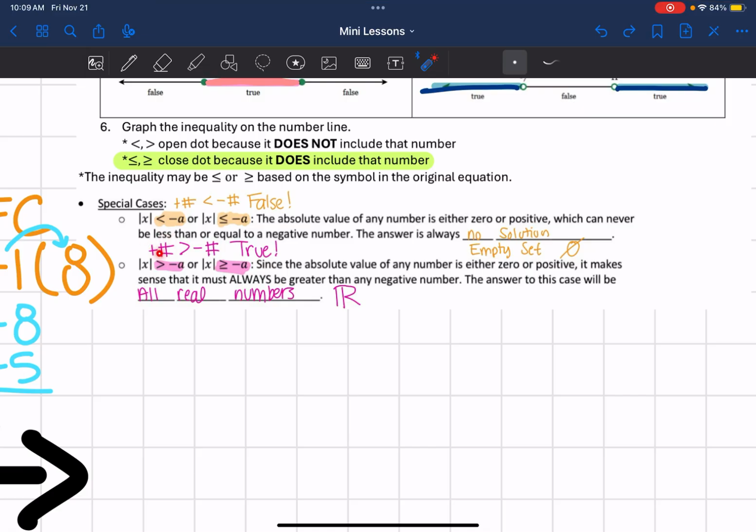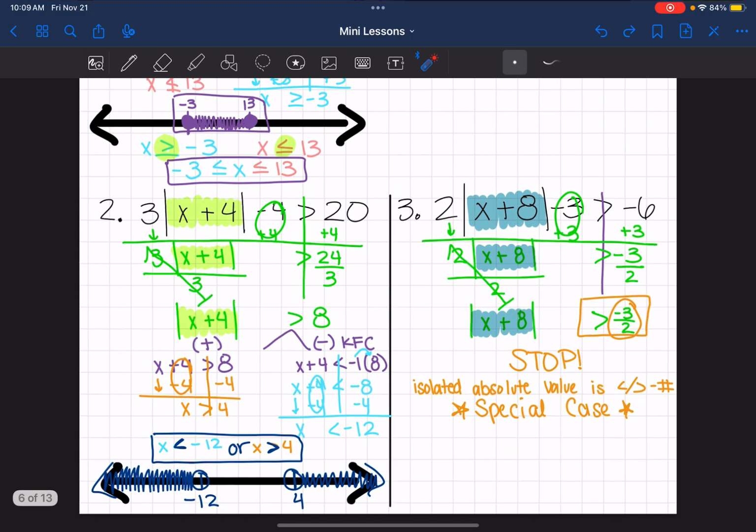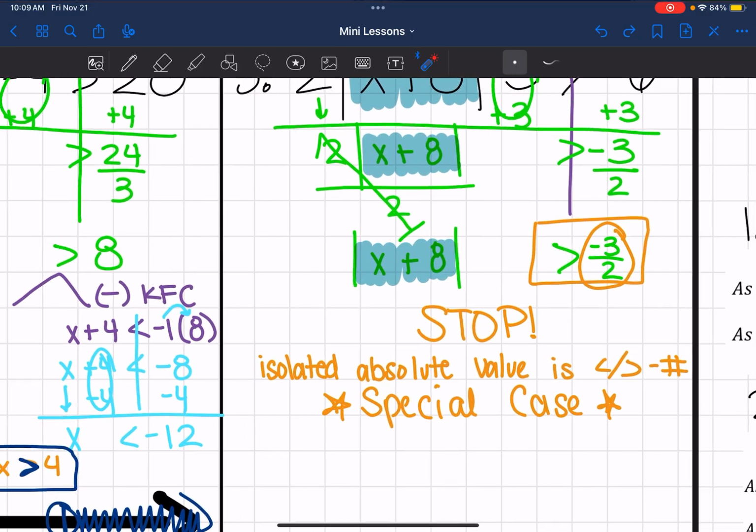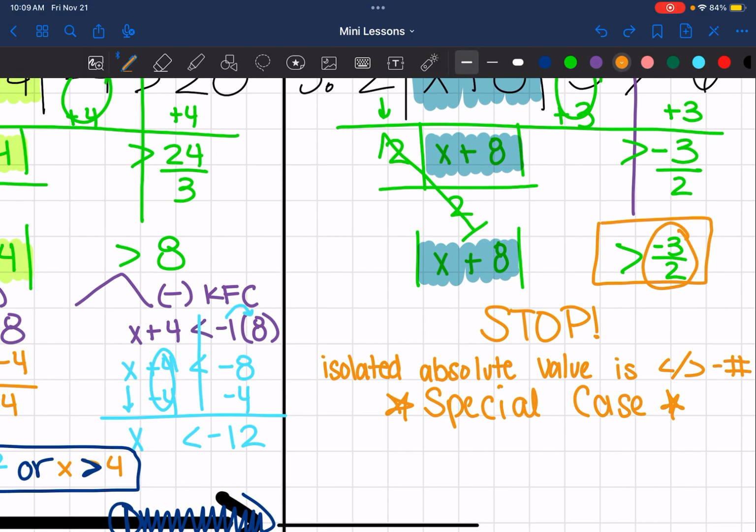Because I could put any number on the left side, it will always be greater than the negative number because an absolute value will always result in a positive number. So here, with this special case, we are done because we actually know our answer is all real numbers.